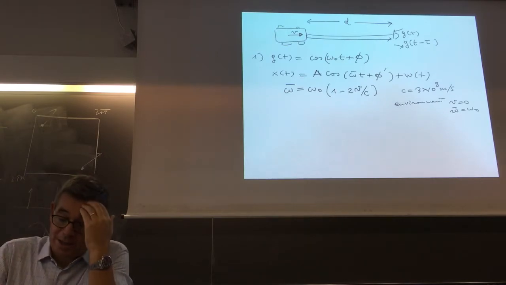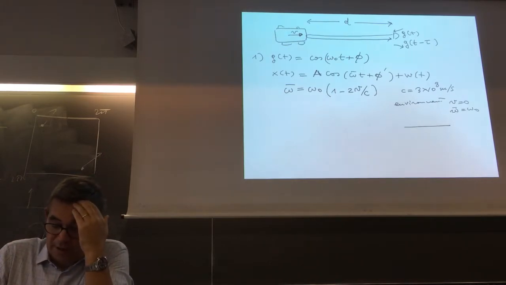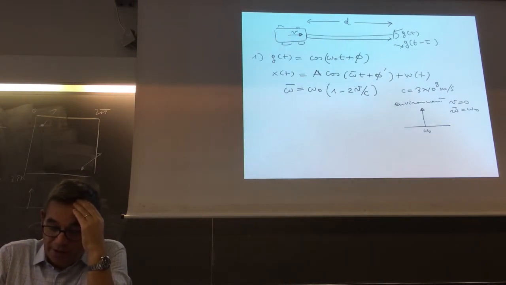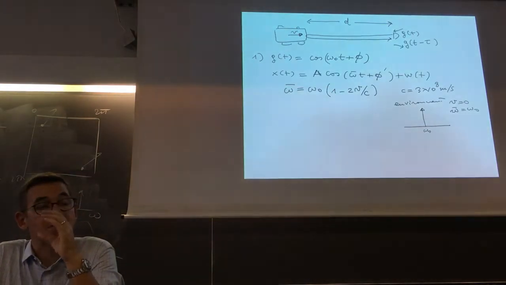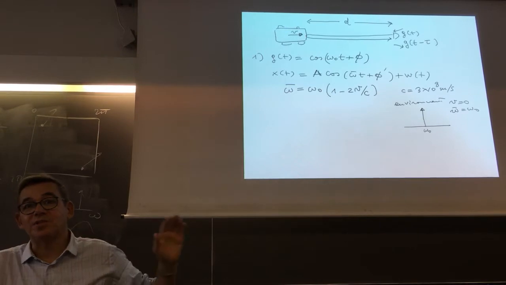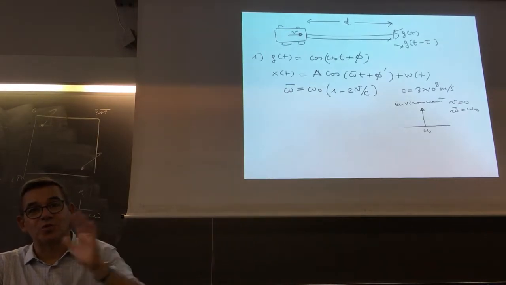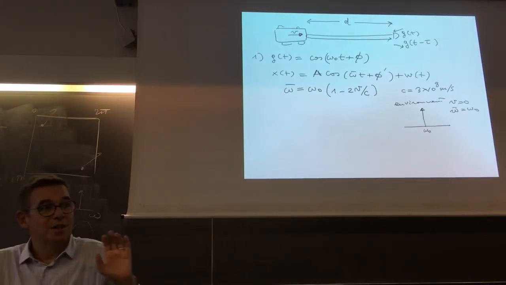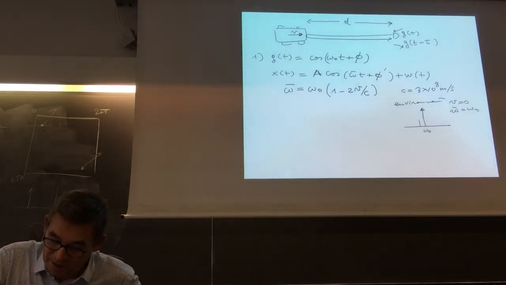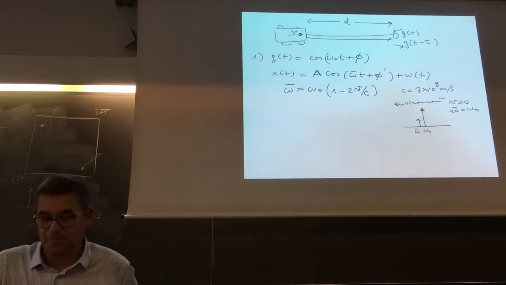So what I expect overall is that I receive something that is a big signal at frequency omega 0. And then there is another signal which has a lower frequency. The reason is like a train. When you're in a train, you see a lower frequency, right? Okay. And then this is my omega naught.